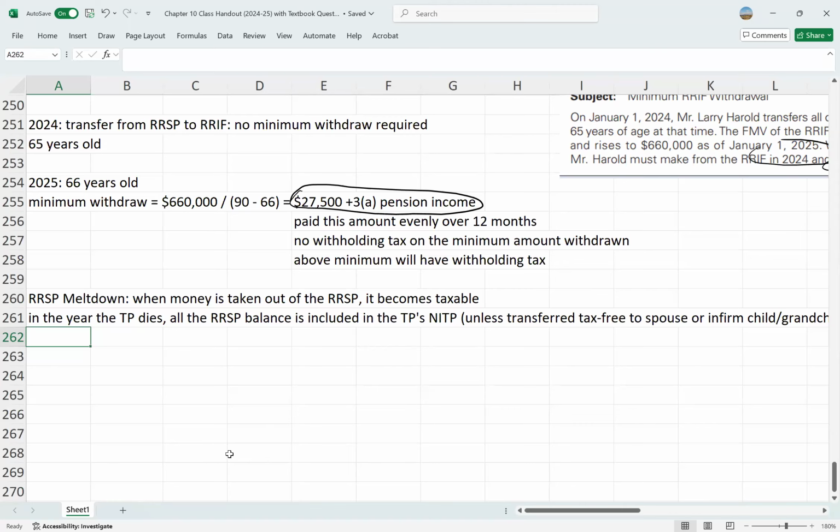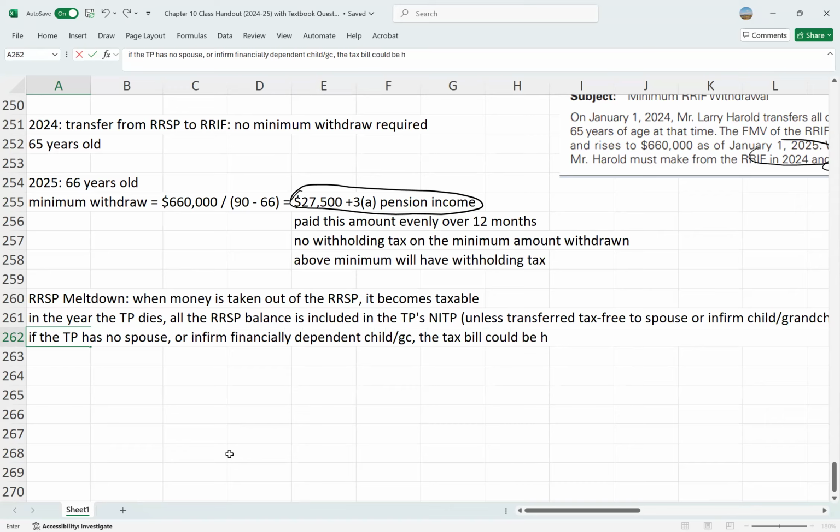But if the taxpayer has no spouse, or maybe they're widowed, and has no infirm, financially dependent children or grandchildren, the tax bill could be huge if the RRSP value is large.